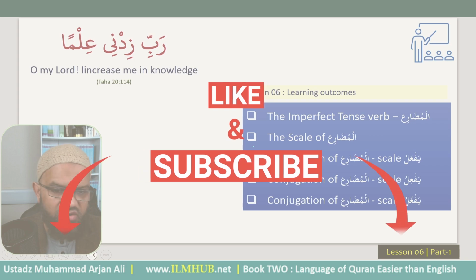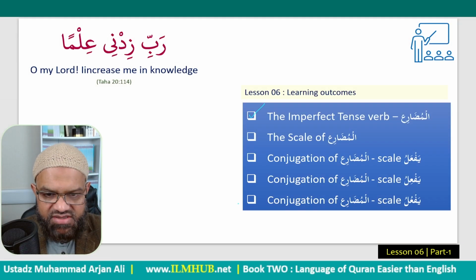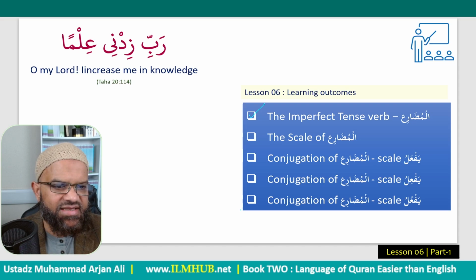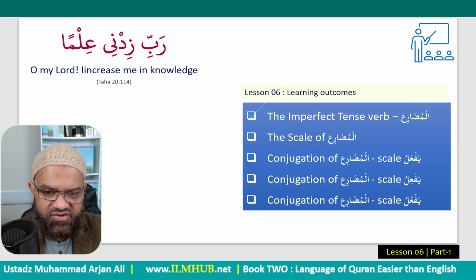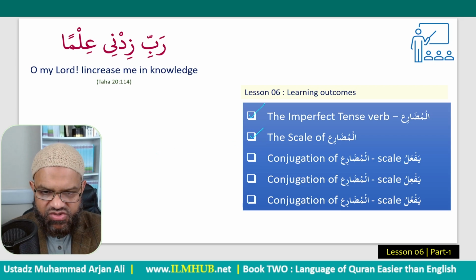Alhamdulillah, we are now familiar with the imperfect verb, al-mudari, in Arabic. We understand what it means. We understand the tense of it, and that it describes an action that is incomplete, and that is why it is called the imperfect. I also went through very slowly for you the scale of al-mudari, and you can see that one already, inshallah ta'ala.